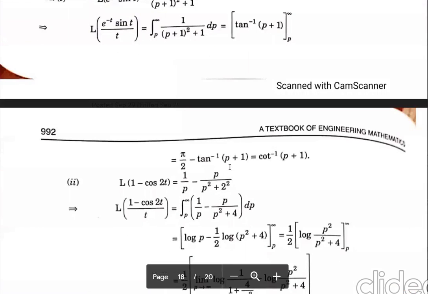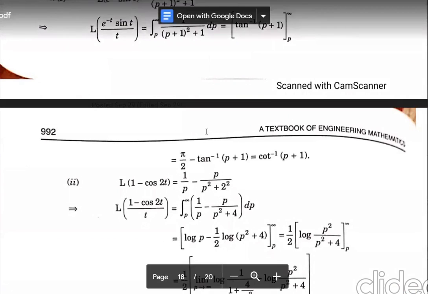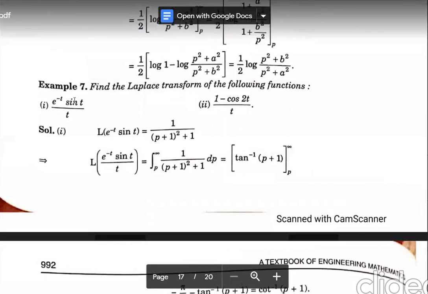So in one problem, sometimes we need to use two, three properties, maybe more. Like here, e to the power minus t into sine of t by t. So here it is of the form f of t by t. So f of t is what here? E to the power minus t into sine t.